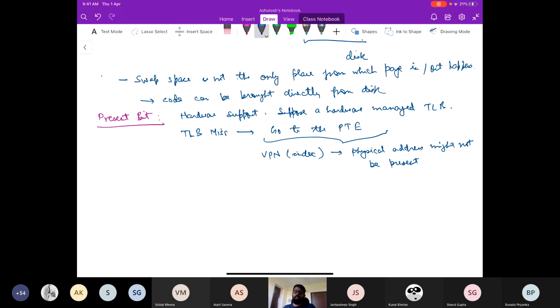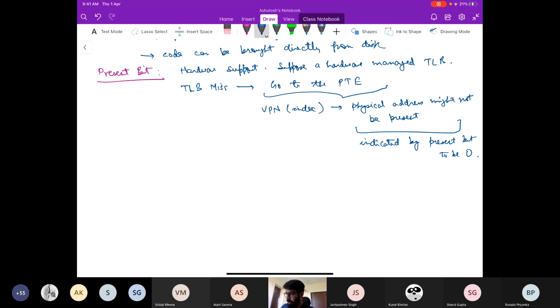So there is a possibility, right? So what did we say just now? That maybe all the pages are not there in the physical memory. So how will it be found out? So you go to the page table entry, and there is the entry for the page, and how will it be told that this particular page is not in the physical memory? This will be signified by the present bit being 0. Okay.